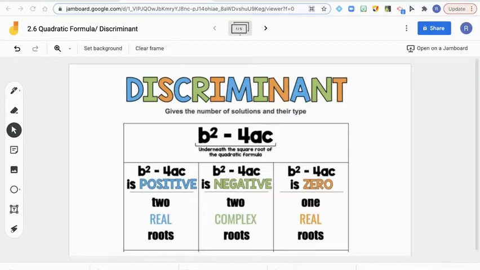Maybe that value is negative, which tells us there's going to be 2 complex roots or 2 imaginary roots. Or that value could be 0, which means there is 1 root that is real. And so we're going to use that discriminant to predict and know ahead of time what types of zeros we're going to have.